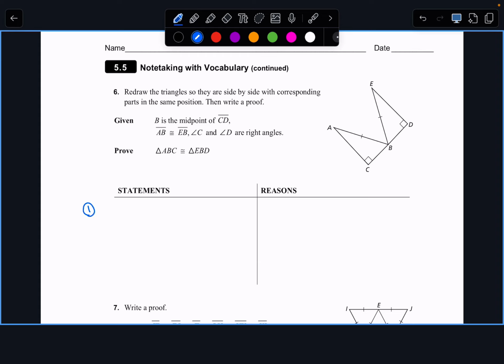We have been given the fact that B is the midpoint of CD. We have been given the fact that AB is congruent to EB. Angle C and angle D are right angles.